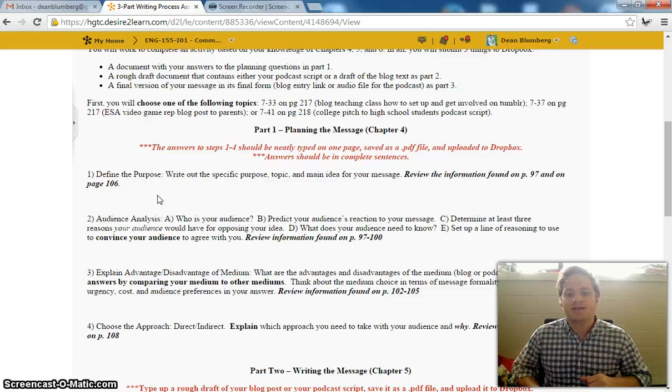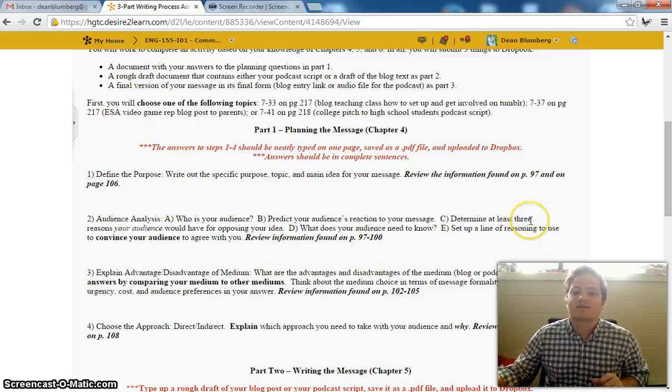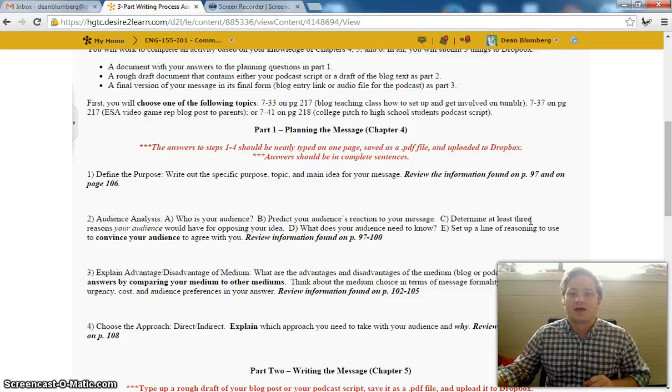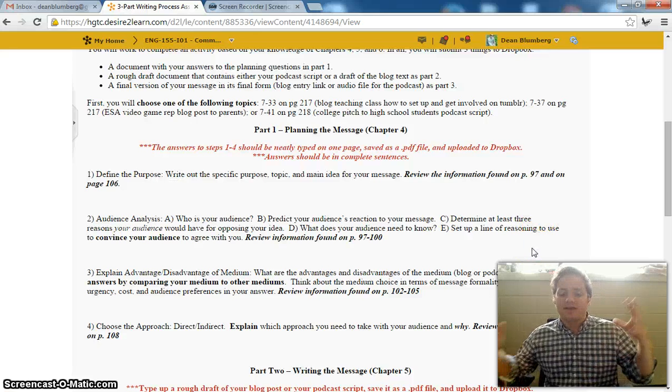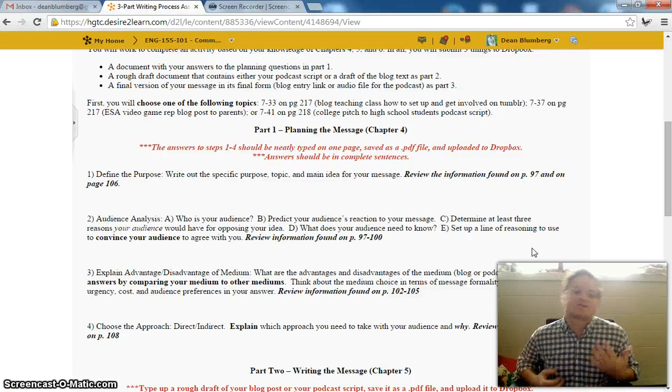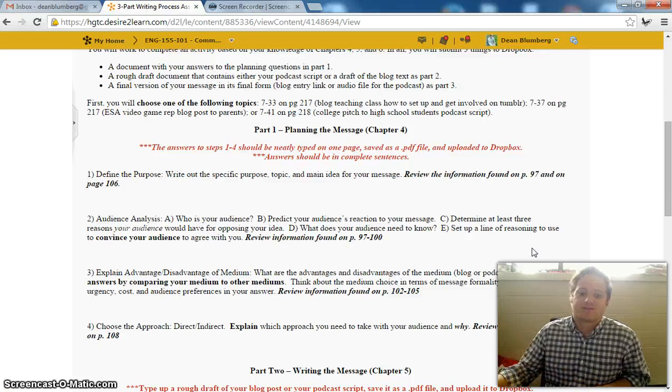Think about how they're likely to respond. And you can see here point C, I'd like you to determine at least 3 reasons your audience would oppose or reject your message. What do they need to know? And it concludes by setting up, now that you've thought about this, the line of reasoning that you're going to use to either persuade or have your audience accept your message.